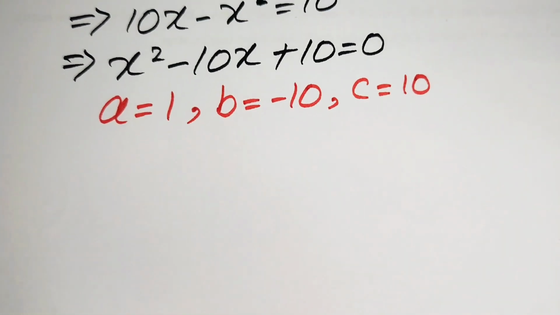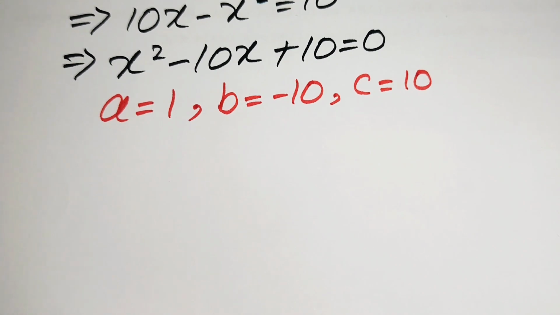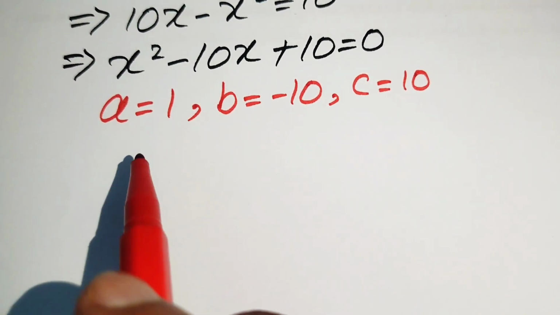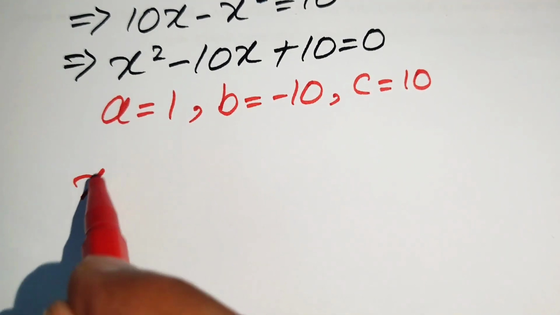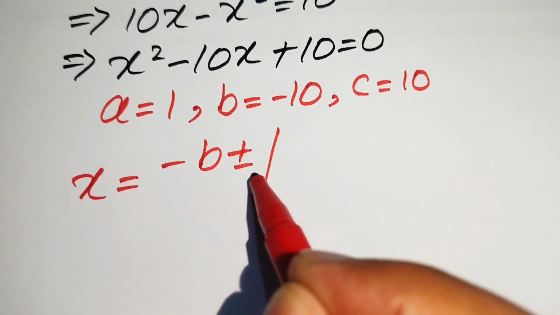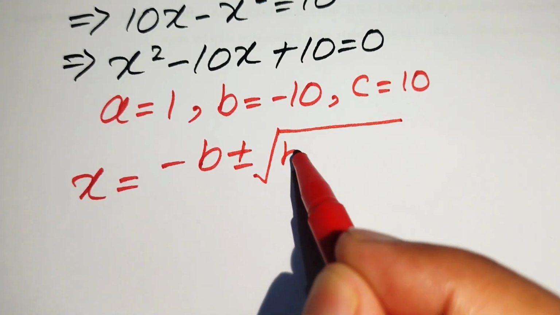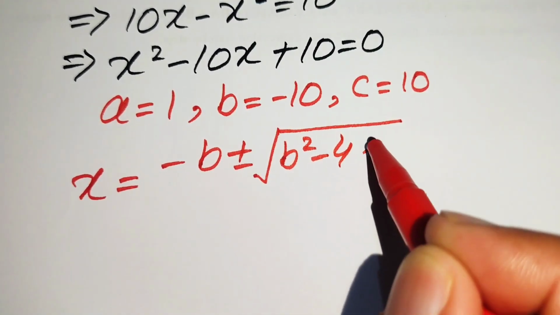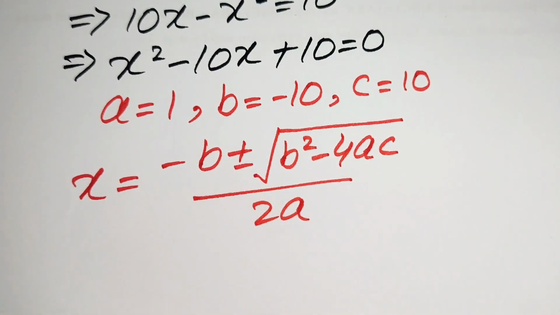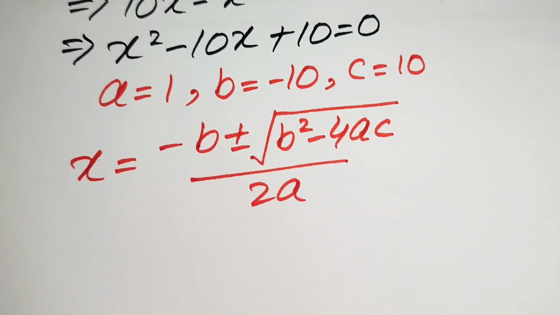Now we first write the quadratic formula. You know about this quadratic formula. It is written as x equals minus b plus minus square root of b square minus 4ac, divided by 2a.